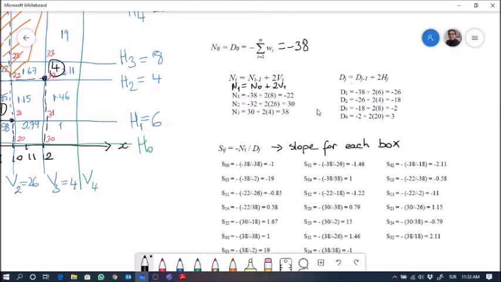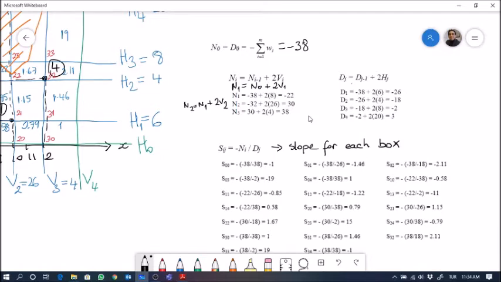N2 equals N1 plus 2 times V2. So V2 was 26, N1 was minus 22, so N2 is minus 22 plus 2 times 26, which is 30.